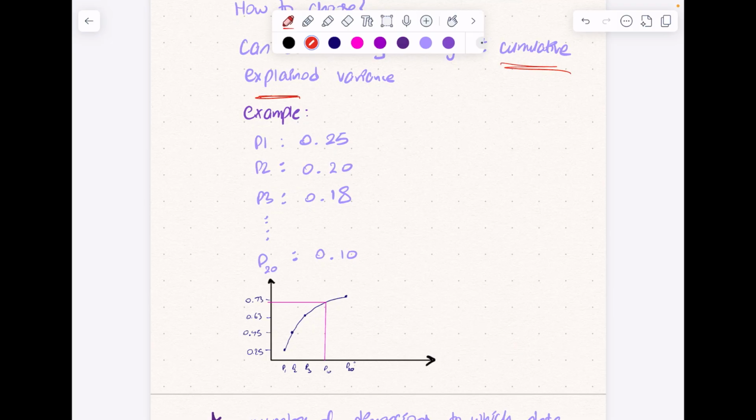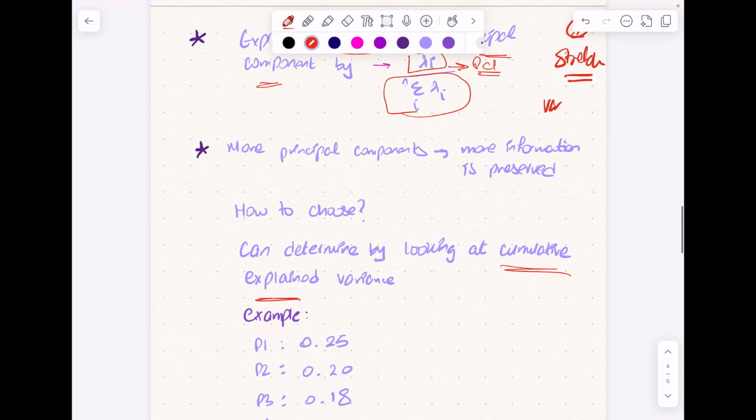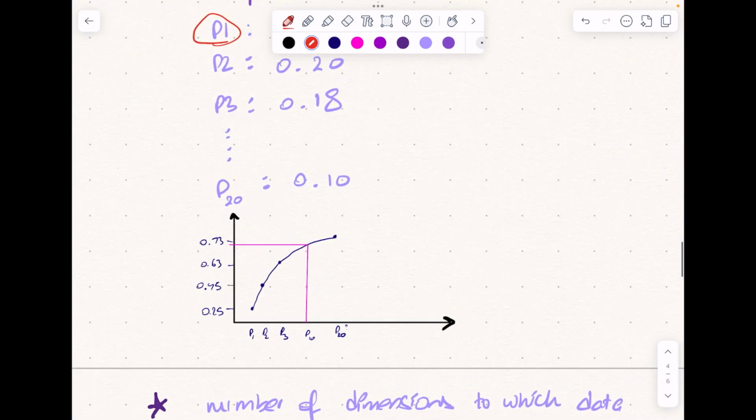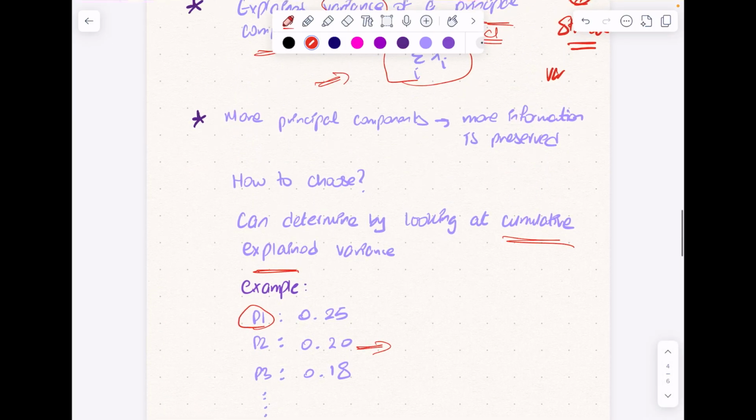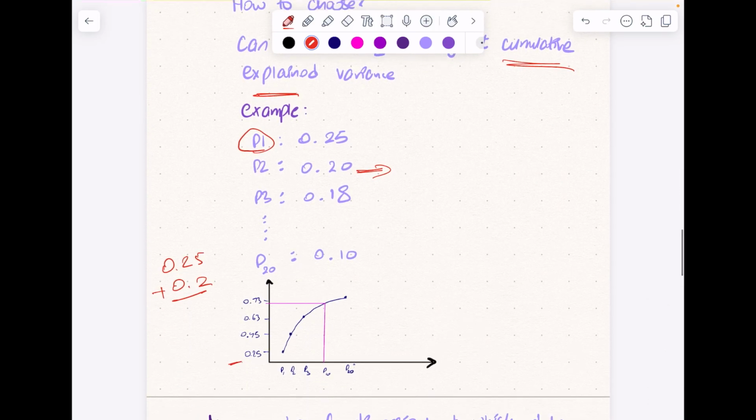You can calculate the explained variance for principal component 1 using this formula, and we can plot this as 0.25. To get the cumulative explained variance for the next principal component, we just add 0.25 plus 0.2, which is the explained variance for PC2. Okay, and this is going to give you a value of 0.45.